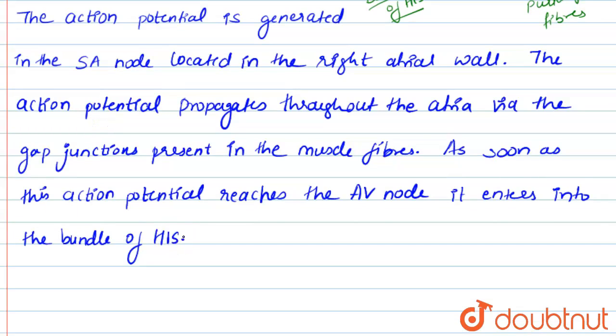This is the only site where the action potential can propagate to the ventricles. Through the Purkinje fibers the action potential reaches the walls of the ventricles, causing ventricular contraction.